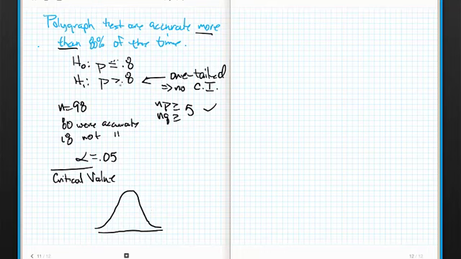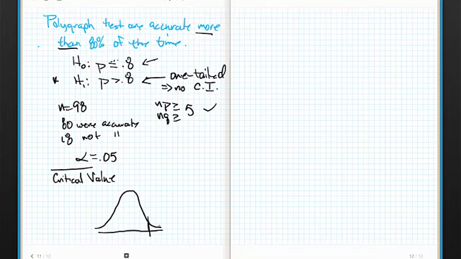notice that this is a one-tailed. Now the question is where does the tail lie? In other words, where is this critical region going to lie? All right. If my claim is that they're more than 0.8, then I have to prove beyond a shadow of a doubt that my value is far enough above 80% to be able to throw out the null hypothesis. The null hypothesis always contains the equality.